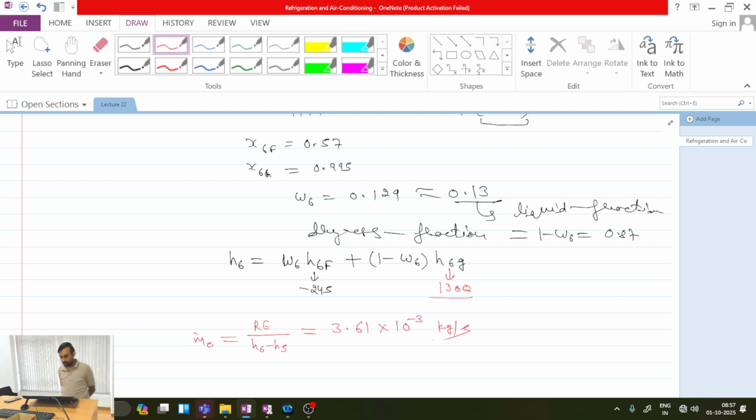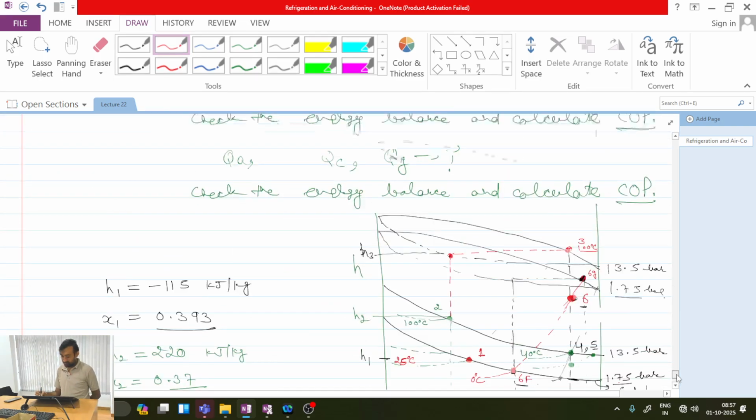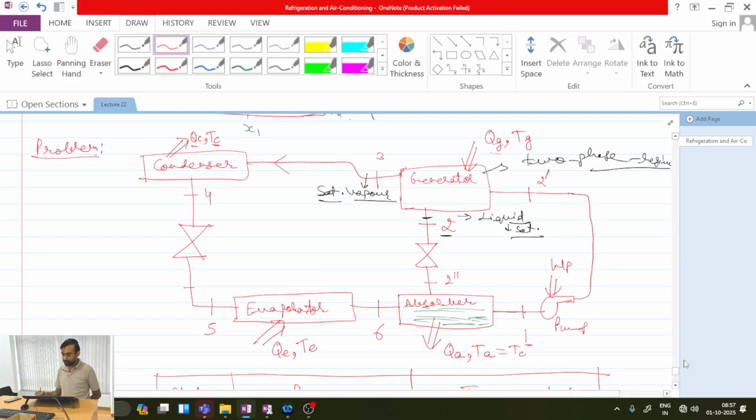What do you mean by strong and weak solution? The concentration of ammonia. Yes. So if you see, this is nothing but strong solution, because here the concentration of ammonia is more and here the concentration of ammonia is less. So this will be nothing but weak solution.